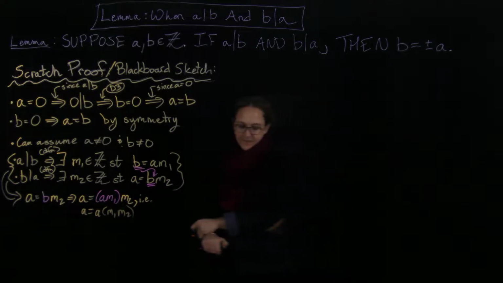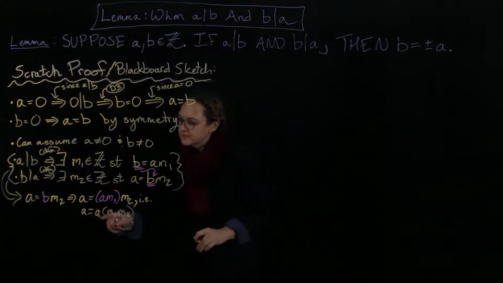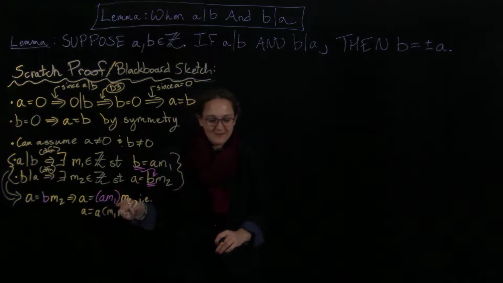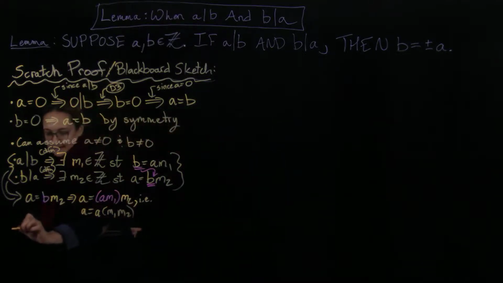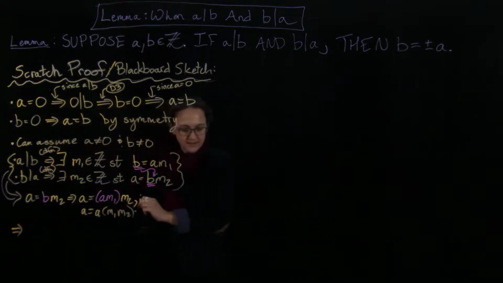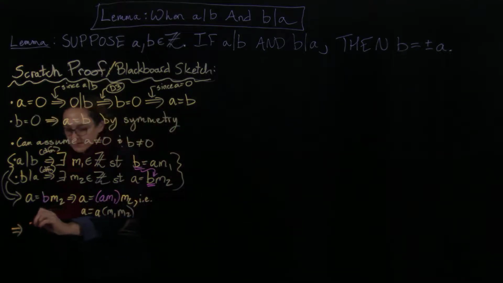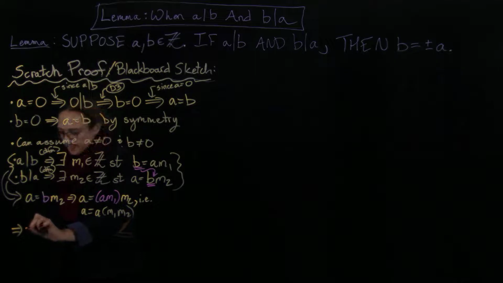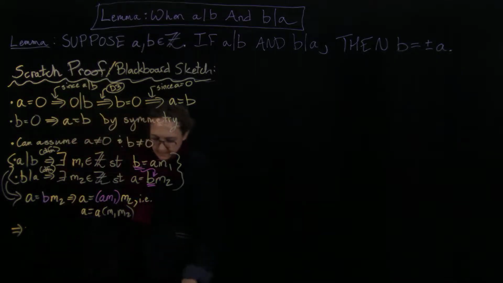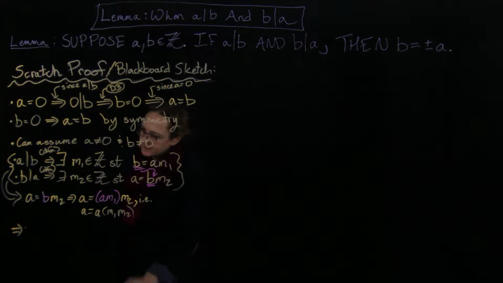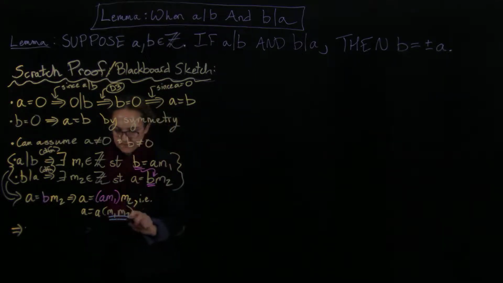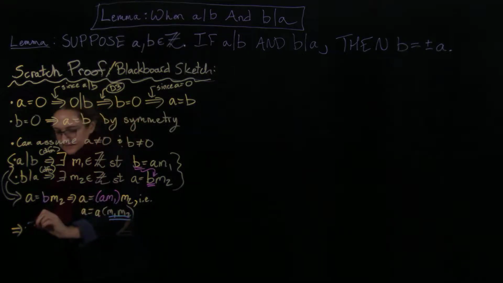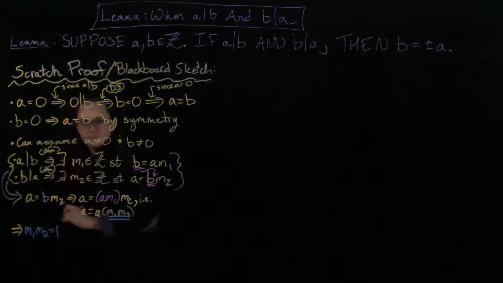Well, the fact that A equals A times M1 M2, what does this tell me? Now I have that this has to be 1. So M1 M2 has to equal 1. From this part right here, my M1 M2 has got to equal 1.